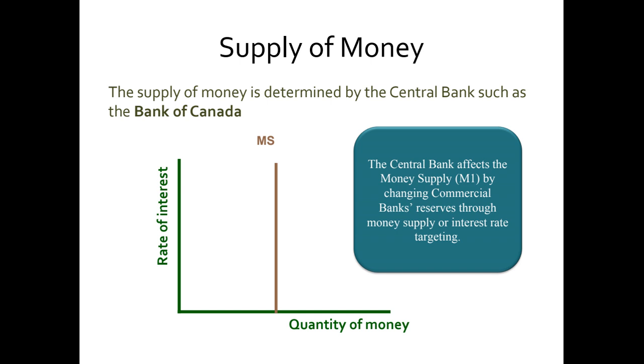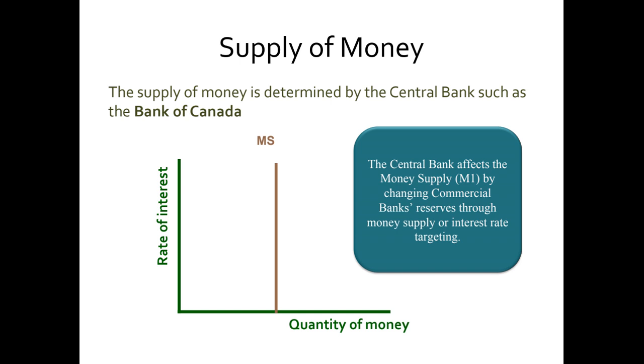Central banks can affect money supply by using two different policies: money supply targeting, directly targeting money supply, and targeting interest rate directly. In Canada, the Bank of Canada targets interest rates rather than targeting money supply.